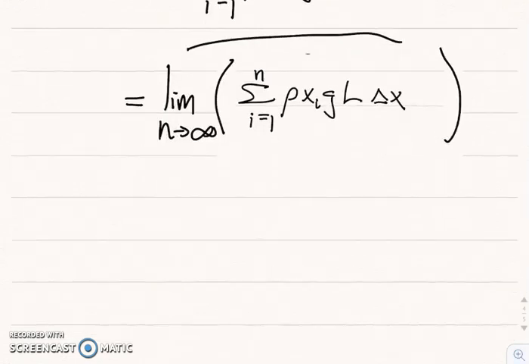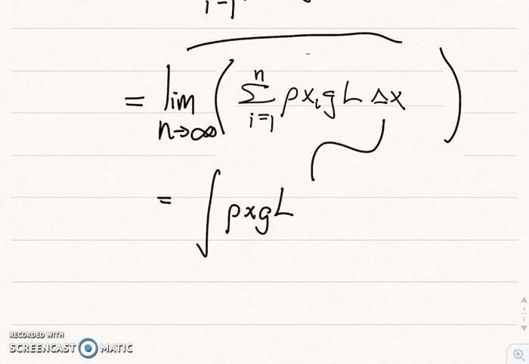And this expression, limit of this sum, should be recognized as a limit of a Riemann sum. It is precisely an integral: rho x g L delta x, upon the limit as n approaches infinity, is transformed into the infinitesimal dx. The limits of integration, well, will be where x begins and where x ends.